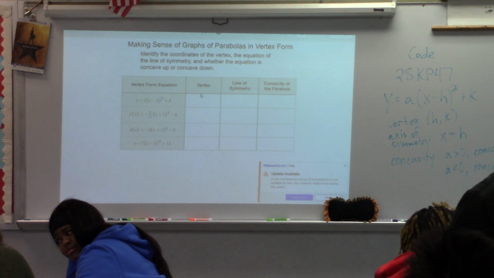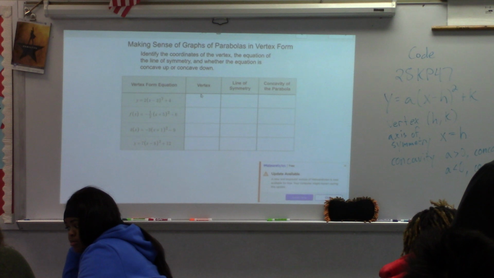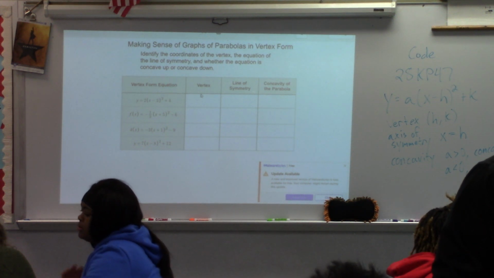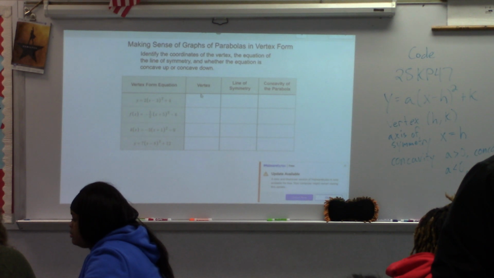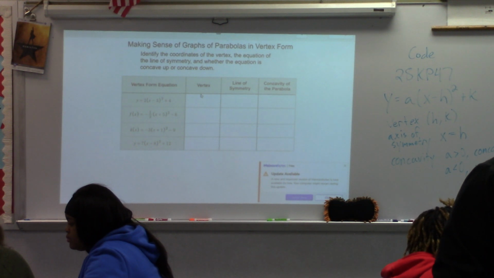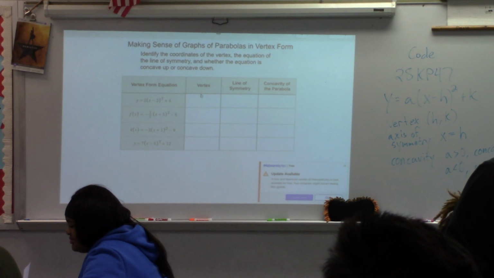He explained that yesterday. Do we have our graphic organizer out with notes about the vertex, the line of symmetry, and the concavity? So remember, this is the one from the book, right? Do you have your book with you, or did you just tear it out? Here it is.